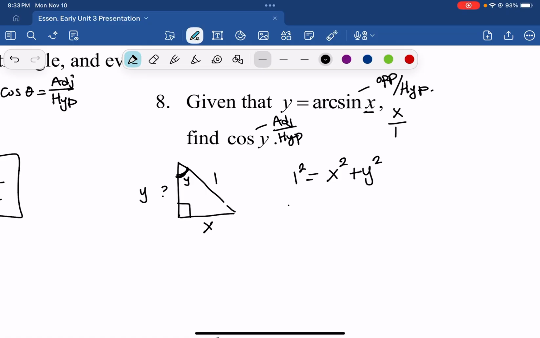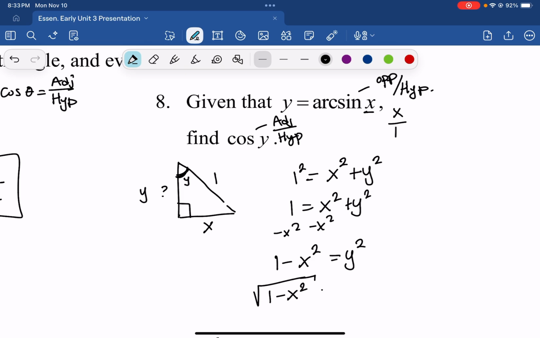Then start simplifying. 1 squared is 1, x squared is still x squared, y squared is still y squared. Subtract x squared from both sides, so 1 minus x squared is equal to y squared. Then I take the square root of both sides, so 1 minus x squared is underneath the radical. This side over here, let's color code it, is the square root of 1 minus x squared.